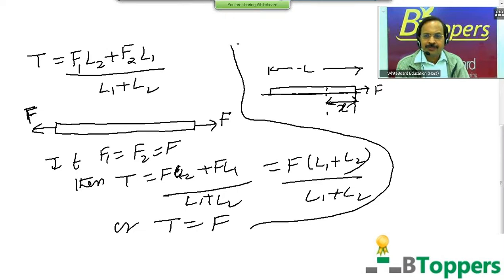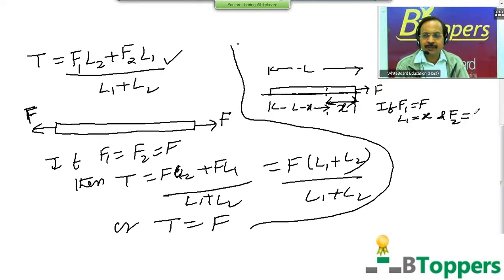The magnitude of tension at the cross section at a distance x from one end of the rope can be found by using the same conclusion. That means F1 is F here, L1 is x, then of course L2 you can take L minus x, and F2 is 0.